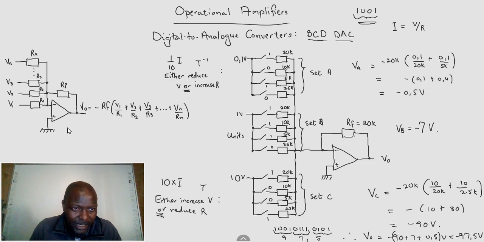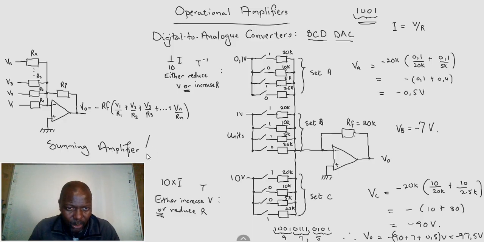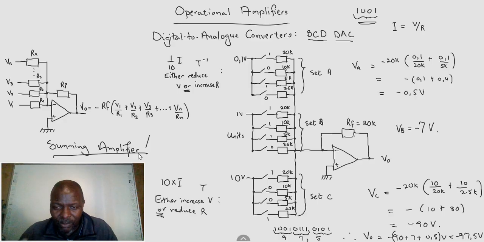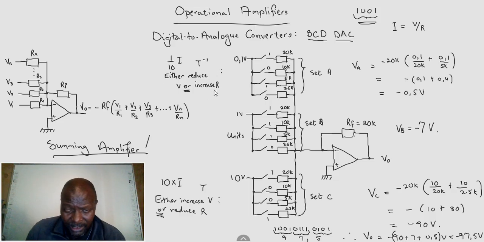And remember that it all started with a summing amplifier. So this has been summed up pretty decently. I hope we are all happy. I've shown you how you can either vary the resistance, or vary the voltage.